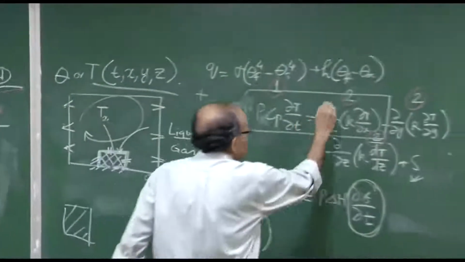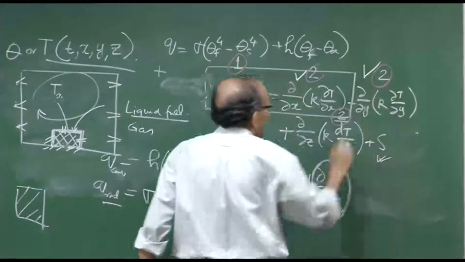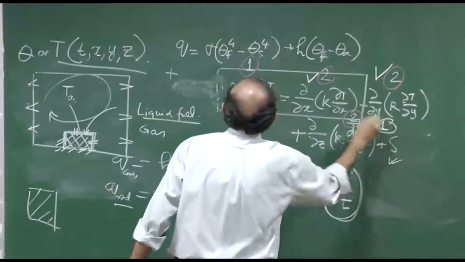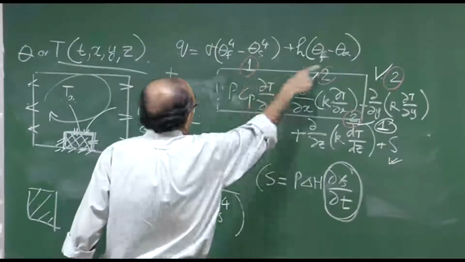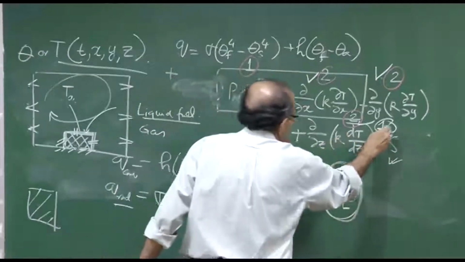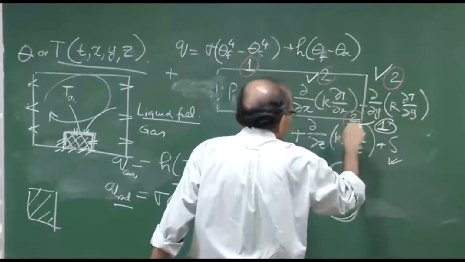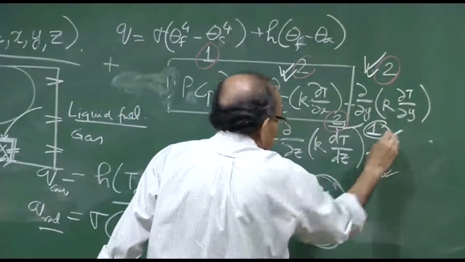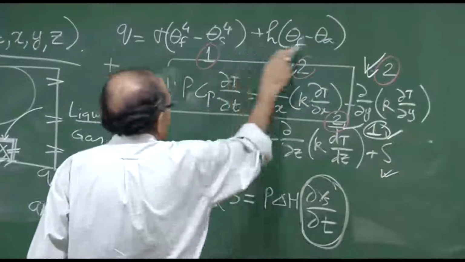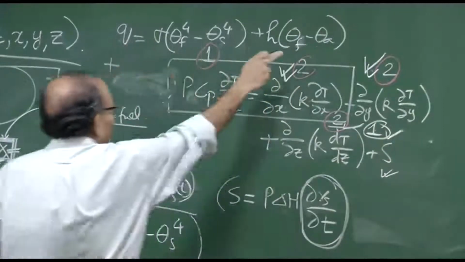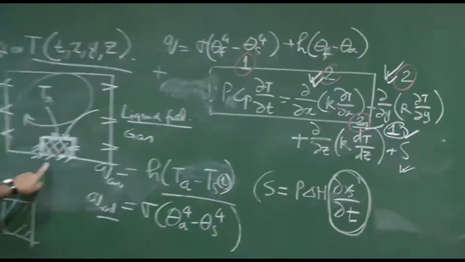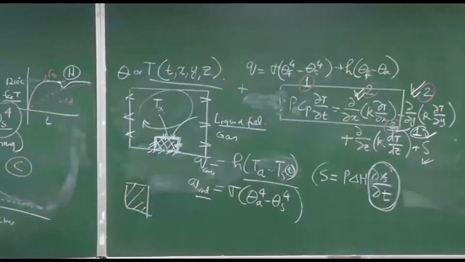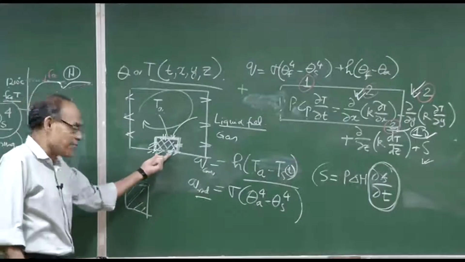So, on these 5 surfaces, 2 here and 1 here and so on, this combined convection radiation boundary condition will apply. On the other hand, on the 6th surface, a different formulation will apply, as I have indicated.